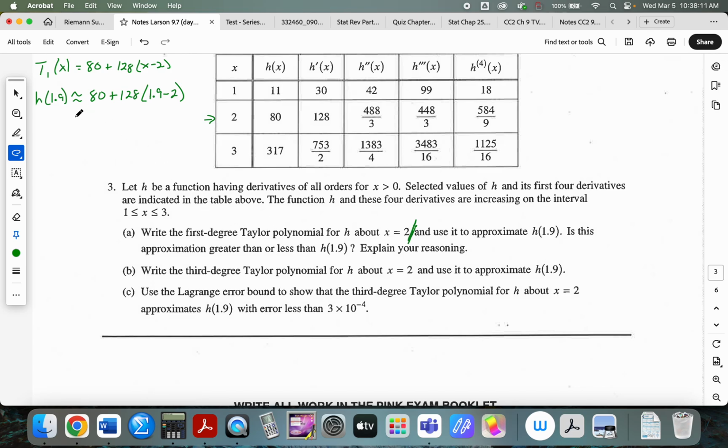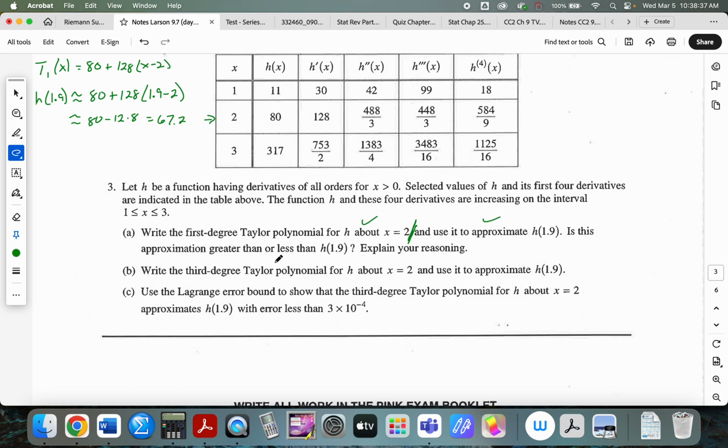But I'll go ahead and work it out. This is going to be 80. That'll be negative 0.1, so this will be negative 12.8. So that'll be 67.2. So that's the second part done.